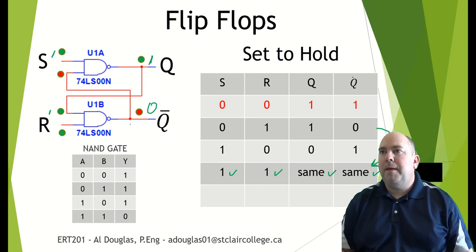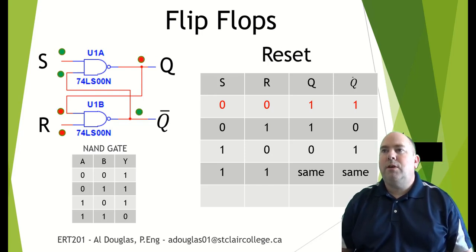Okay? Now if we want to do a reset, we're going to put in a 1 and a 0 on the R. If you follow this through, you'll see that you get a 1 down here and a 0 here. So that is our reset because our Q is now off, our Q bar is on.